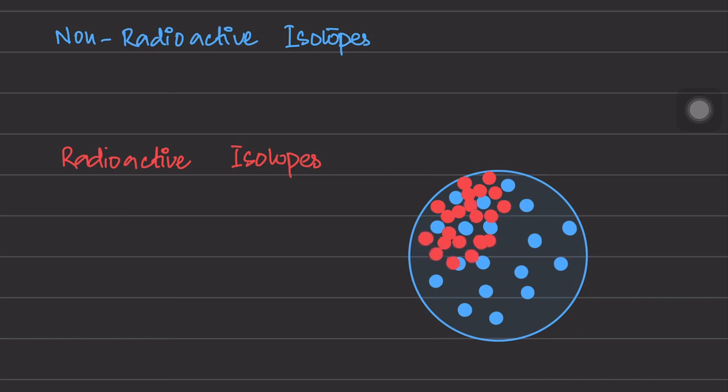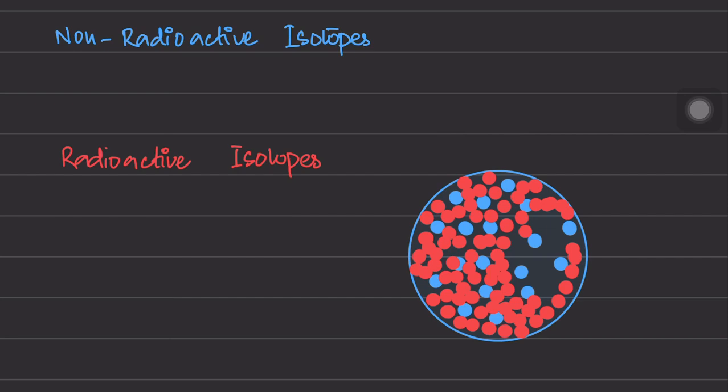Right, so when you see something like this inside a nucleus, when the number of protons is a little too much, what will happen? As you know, since these protons are all positively charged, they would want to escape, they would want to repel each other.